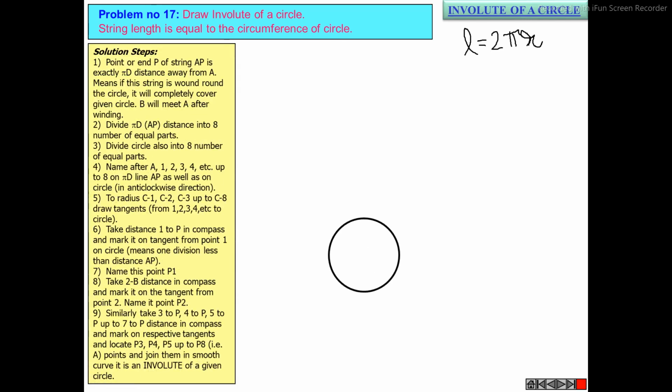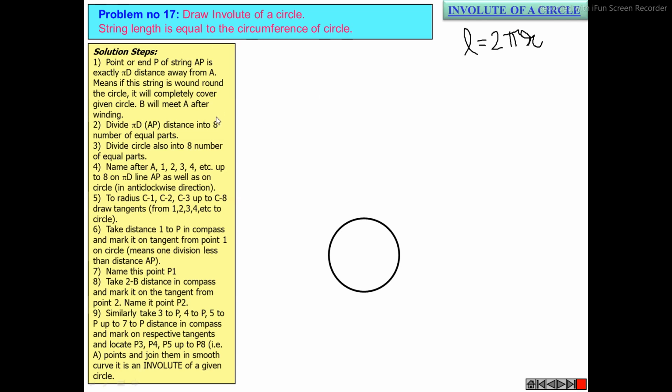Okay, so take any arbitrary radius of a circle. With the help of that radius and your compass, the first step is to generate the circle. Clear? Any doubt? No, sir.